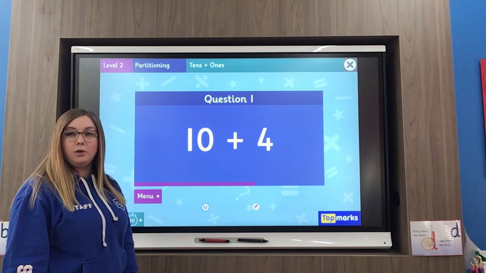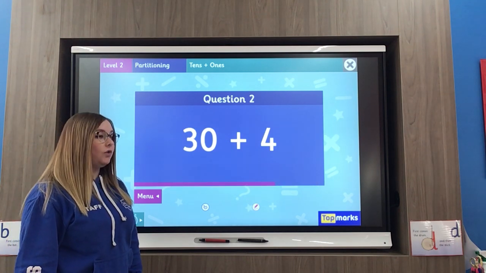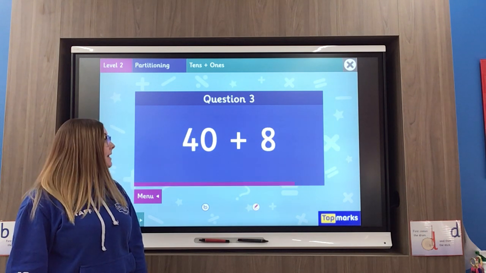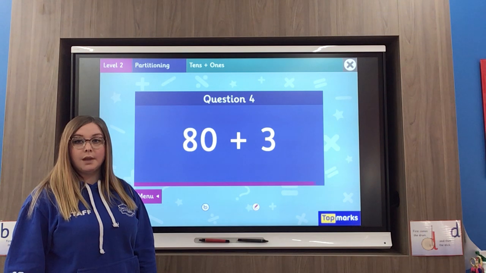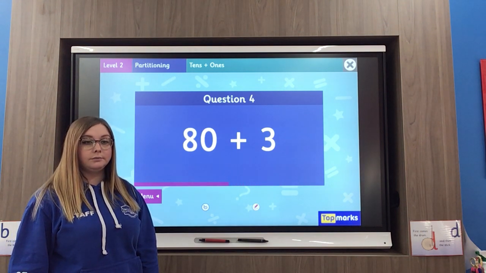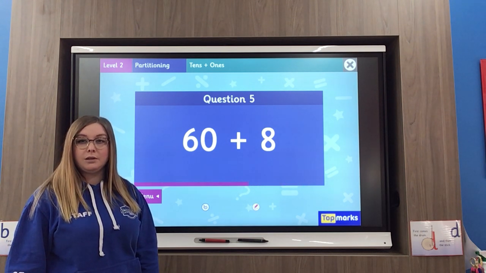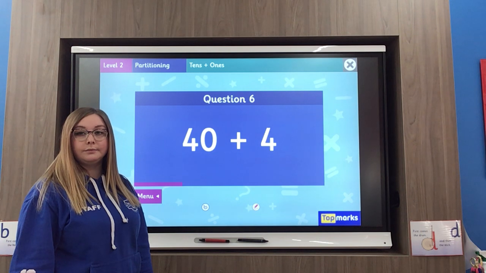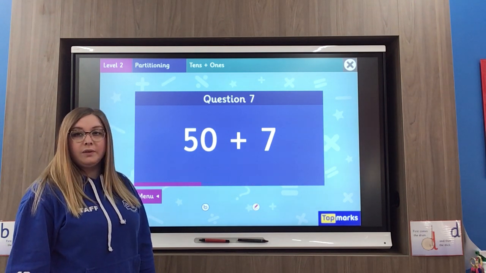10 add 4 equals. 30 add 4 equals. 40 add 8 equals. 80 add 3 equals. 60 add 8 equals. 40 add 4 equals. 50 add 7 equals, keep going, we're almost there, we've done question 7.